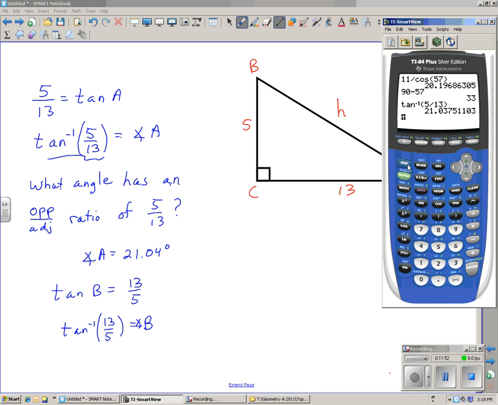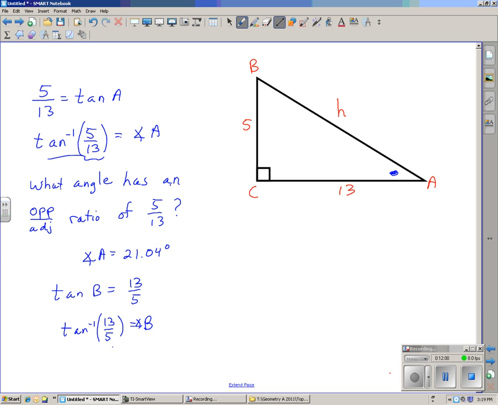And the inverse tangent of 13 divided by 5 is 68.96. Angle B is equal to 68.96.